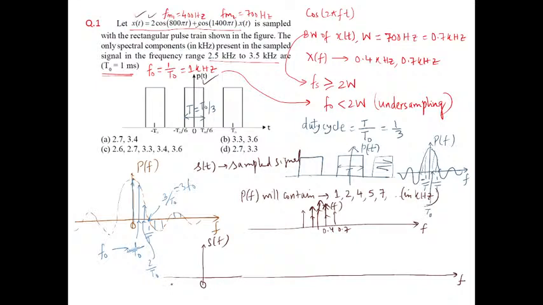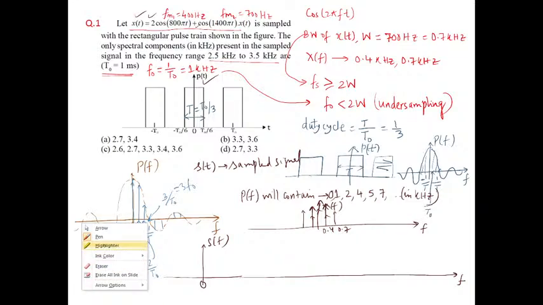For negative frequencies, it will be an exact replica of what we are obtaining here. Now, one thing more, we will also have one DC component. So this zero frequency component will also be present in this spectrum.